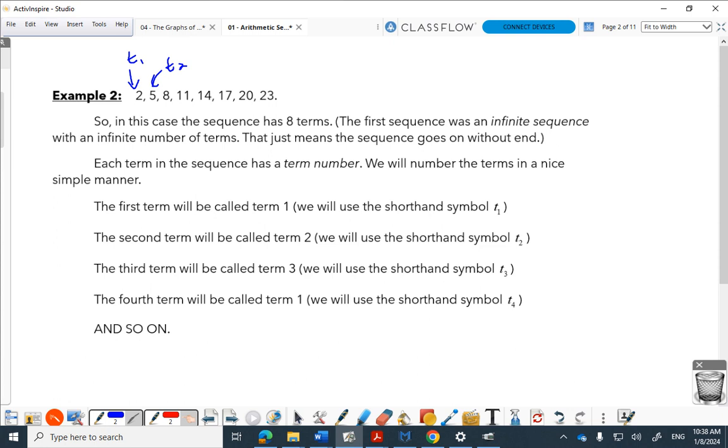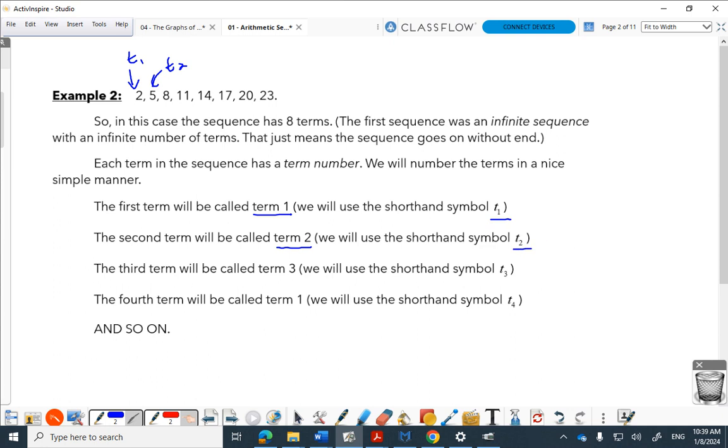Each term in the sequence has a term number, and I've already given away what I'm saying here. I wrote it up there. I thought that was better for your note, actually, but here it is typed up. Each term in the sequence has a term number. We will number the terms in a nice, simple manner. The first term will be called term 1, and we'll use a little T1 to indicate that it's term 1. The second term in the sequence will be called term 2, and we'll use a little T2 there.